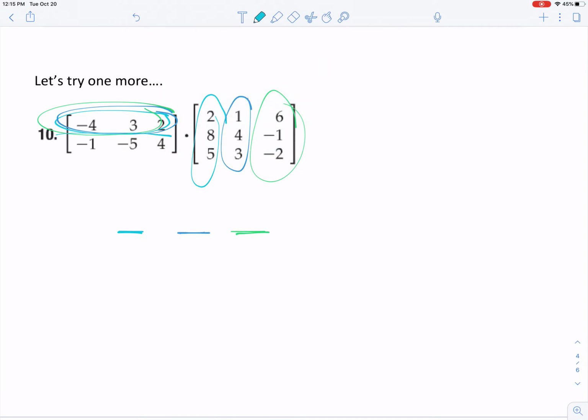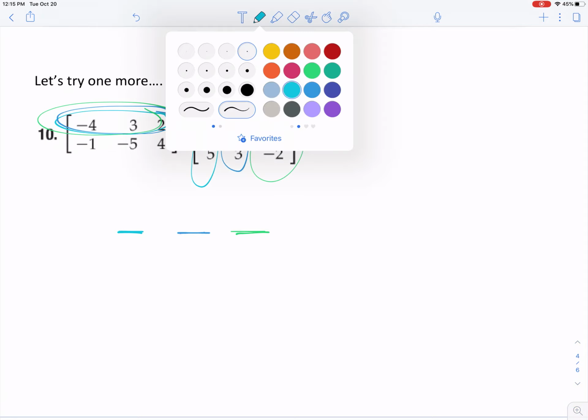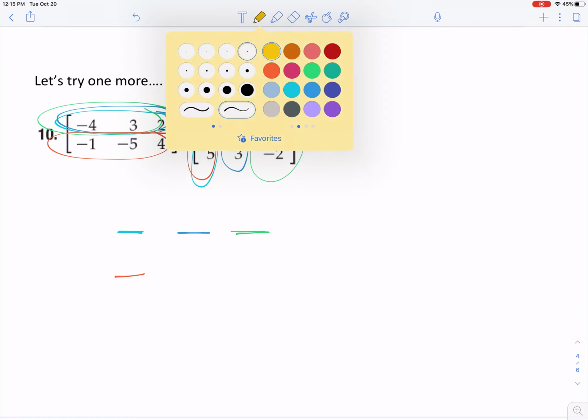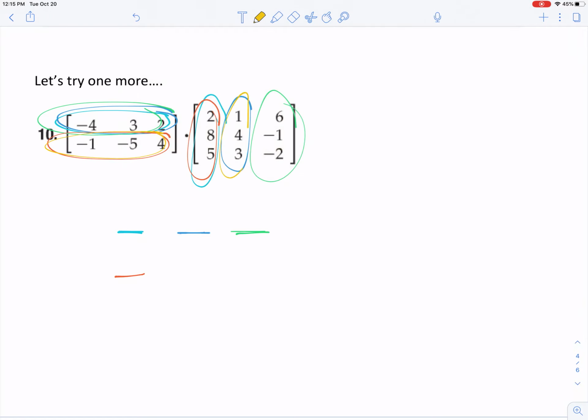And let's see, second, ooh, I already did that color, didn't I? Let me try again. How about second row, first column gets me second row, first column. Second row, second column gets me second row, second column. And last but not least, second row, third column gets me second row, third column. Okay, and simplifying, that would be your answer.